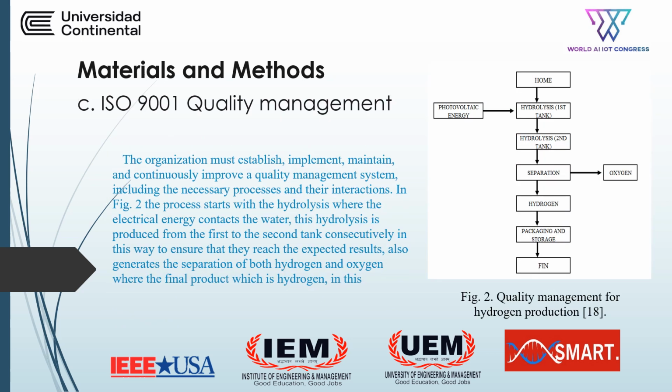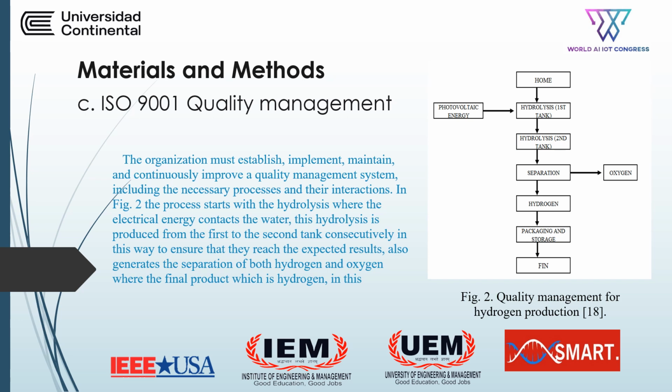About the materials and methods, ISO 9001 quality management: the organization must establish, implement, maintain, and continuously improve a quality management system, including the necessary processes and their interactions.